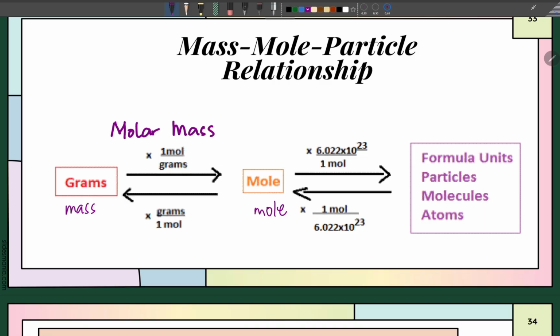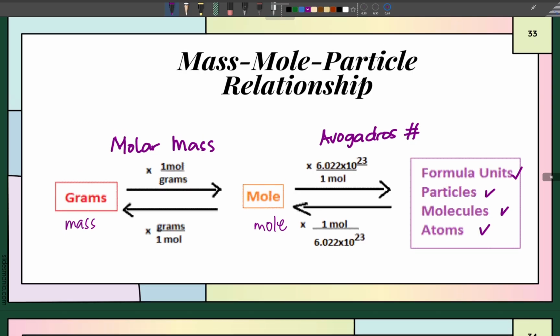While if you're converting moles to atoms, molecules, particles, or formula units, you'll be using Avogadro's number. So you just have to check how to convert.